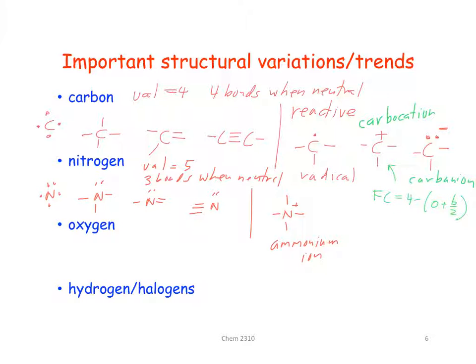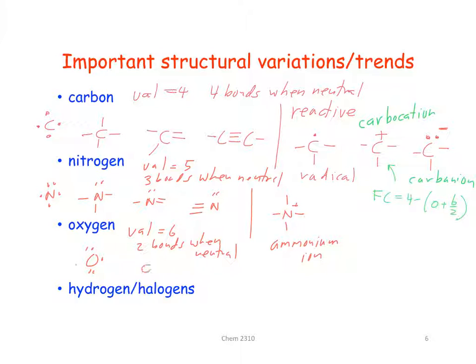Alright, so oxygen, let's go to the next one. Oxygen has 6 valence electrons. If we draw it out like that, how many bonds should it have when it's neutral? It has 2 lone electrons, so it has 2 bonds when neutral.